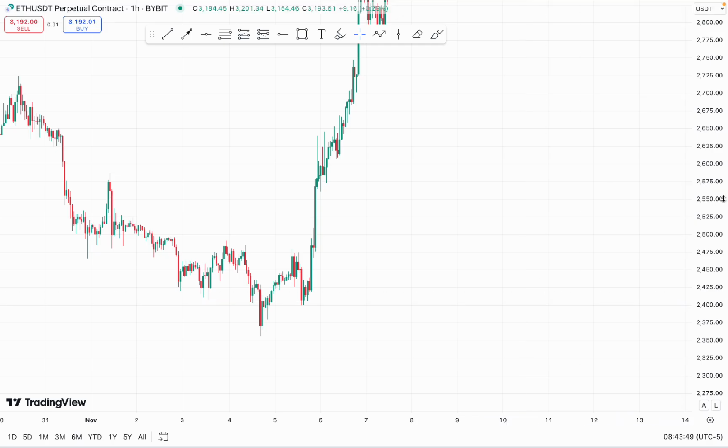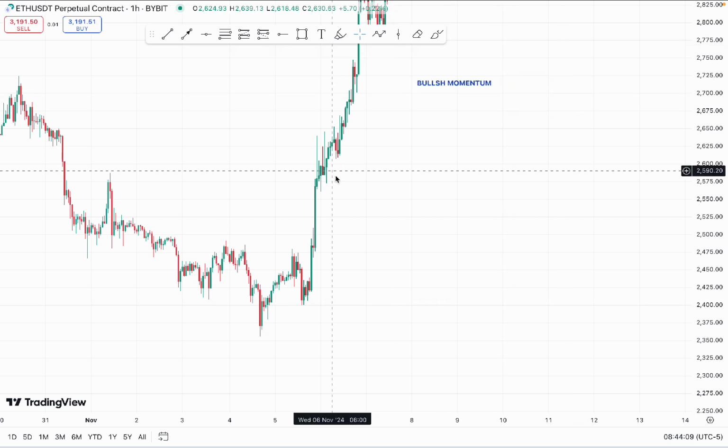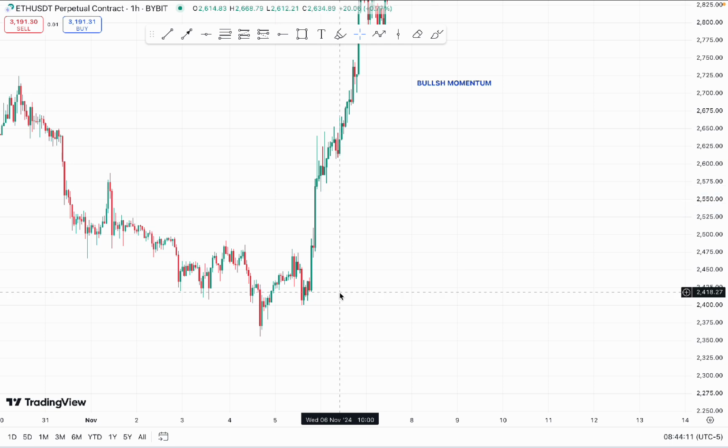Okay, so here is an example of a bullish momentum candle, and what it means is that the candles are usually 3 or 2 times bigger than the previous candle, and they are always in a choppy market.